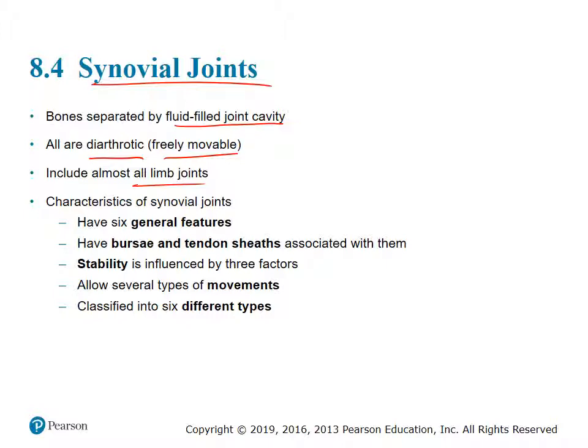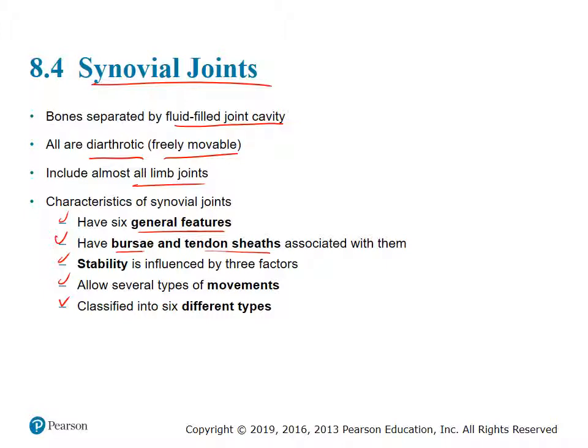So since they're more complex, they're more put together, there's more to talk about in these, right? And so listed below are some characteristics that we're going to discuss, but we'll talk about the features, right? We'll discuss these little bursae or tendon sheaths.